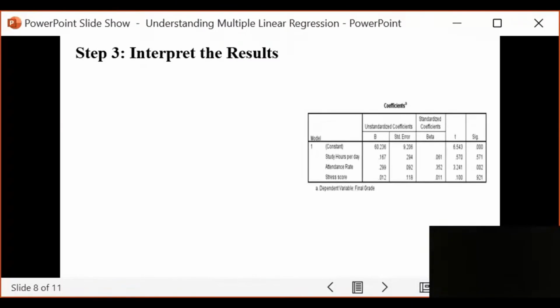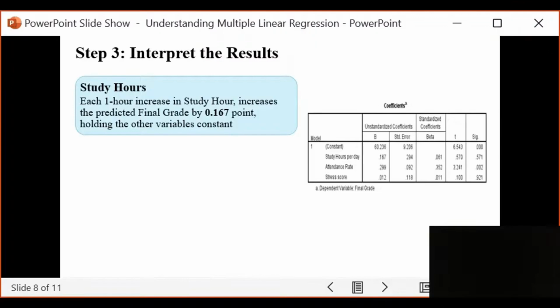Yung determination of coefficient of determination. Okay. So I think na-discuss na natin ito, how the values of the... Okay, so study hours, ito yung interpretation niya. For every hour increase in study hours, the predicted final grade increases by 0.167.